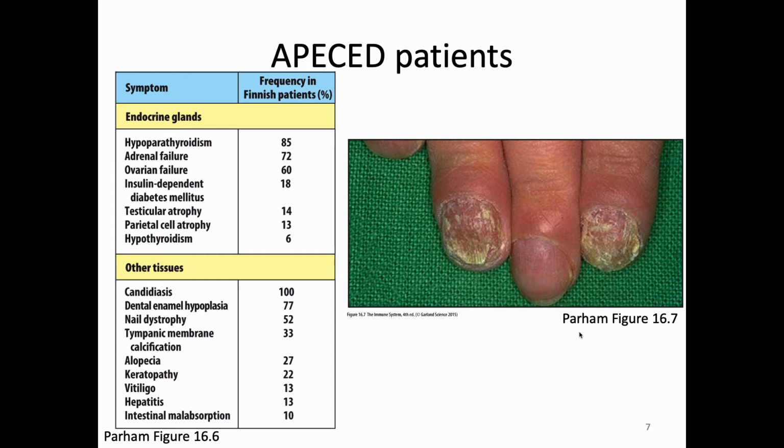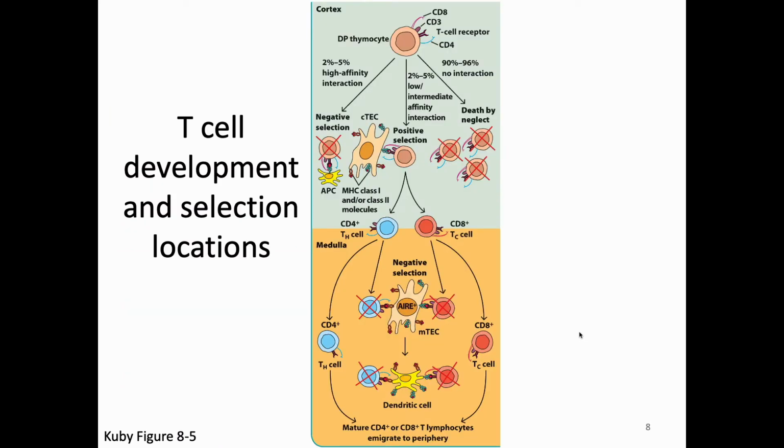This is what an autoimmune disease looks like when it is a failure of central tolerance. They look a little different when they're a failure of peripheral tolerance. And AIRE is acting largely in these medullary epithelial cells that are making all sorts of different proteins to allow for the deletion of those cells.